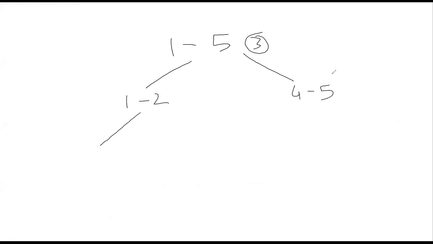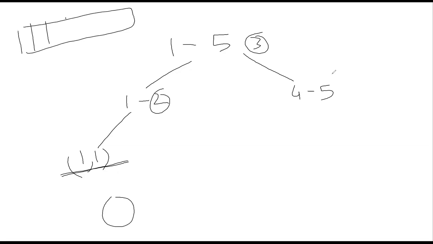Now if we split this one, divide by 2, you will have 1 comma 1 here. When you reach this stage, you are at the leftmost node and there's only one element. At this time, go ahead and use the first element from the linked list and create the node.